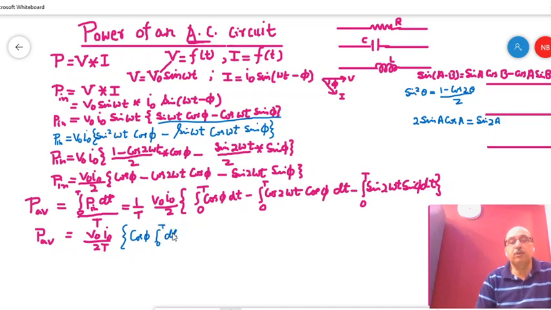Here we take cos phi out from the integration as it is not depending on time, minus cos phi integration of cos 2 omega t from 0 to T, minus sin phi integration of sin 2 omega t dt.